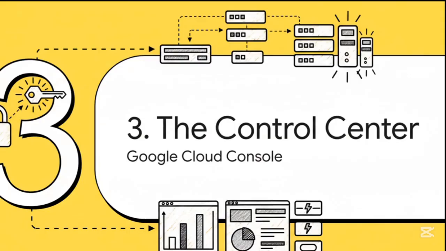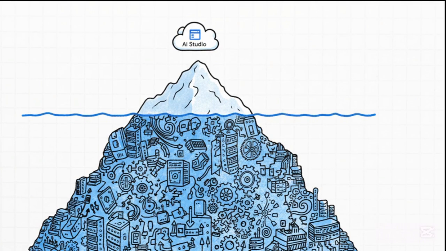Because the moment you step outside of that nice, comfy sketchbook, you find yourself in a totally different world, a much larger, much more powerful place, the control center. And this right here is the big twist. This is the fundamental misunderstanding that trips so many people up. AI Studio feels like a standalone tool, but it's not. Not at all.